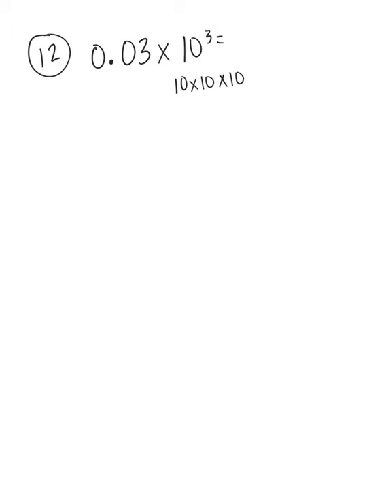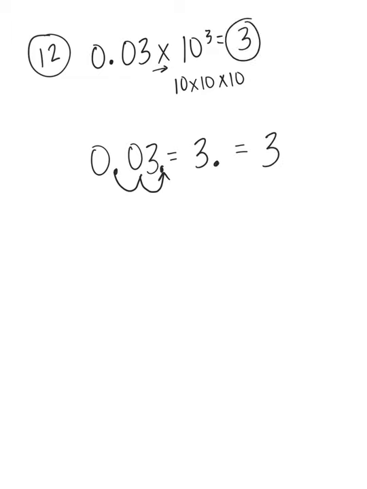So we are multiplying 300ths times 10 to the third power, so we are moving our decimal place value to the right. So 0 and 300ths is the same thing as moving it one place value to the right and another place value to the right, which puts our decimal behind the 3. So that is 3 point, which is the same thing as 3. So your answer for number 12 should be 3.